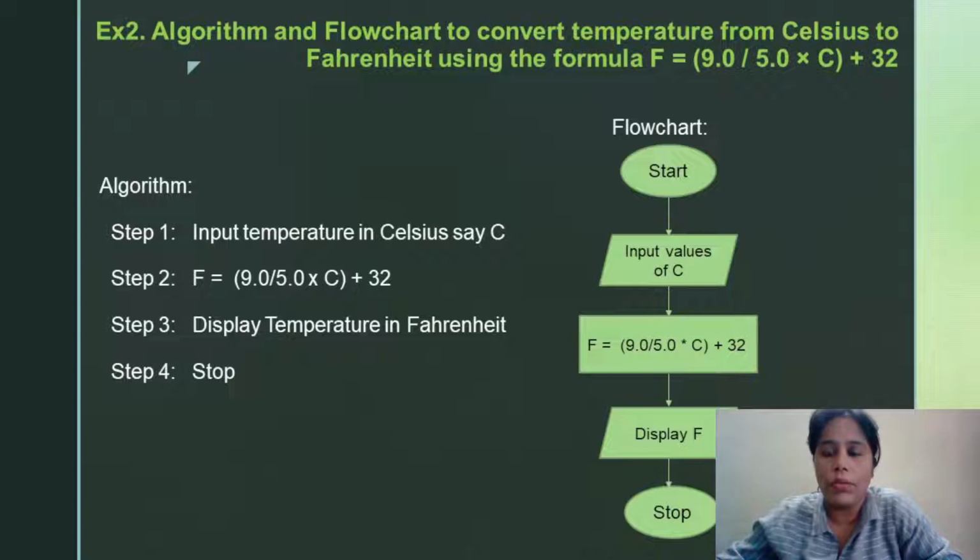And this will be the flowchart for this problem. Input values are taken in this variable C for Celsius, then it is calculated with this formula and it is converted to Fahrenheit, then the temperature is displayed in Fahrenheit. After that, this is used for stop.